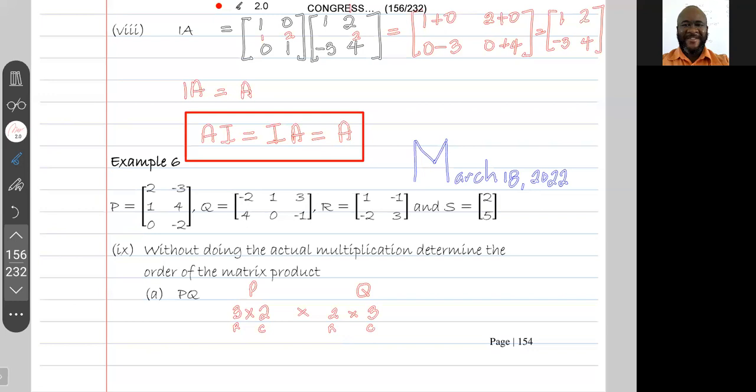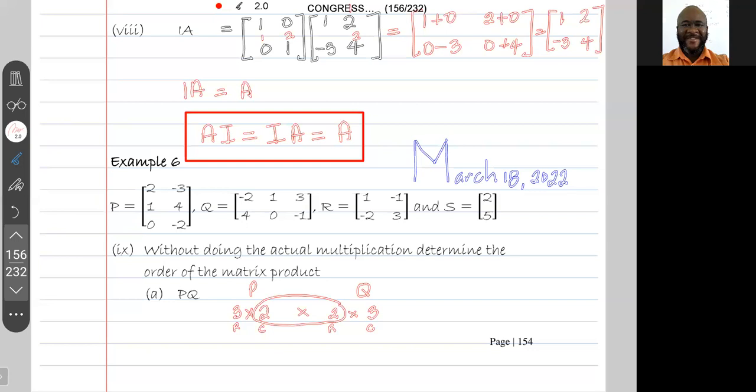Ladies, 2 matrices are compatible for multiplication when the number of columns in the first is equal to the number of rows in the second. So we can see that yes, we can multiply P by Q because the number of columns in the first matrix is equal to the number of rows in the second matrix.